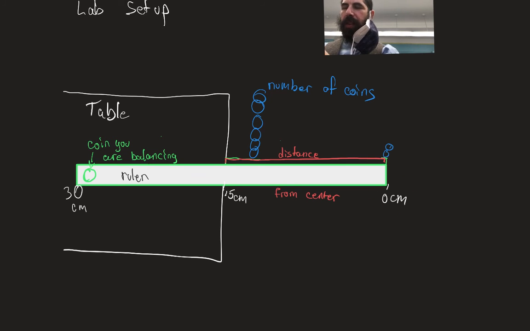Balance the ruler so that the center of the ruler, 15 centimeters, is right on the edge of the table. Then, you've got yourself set up. What can you change about this system? Sketch the system and write down the things you can change. You can pause the video while you sketch it.